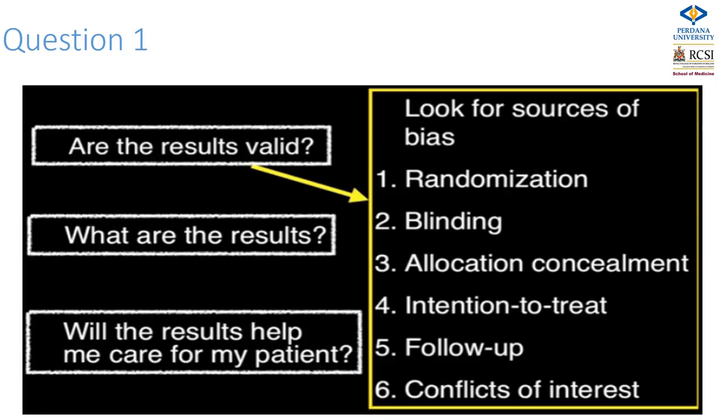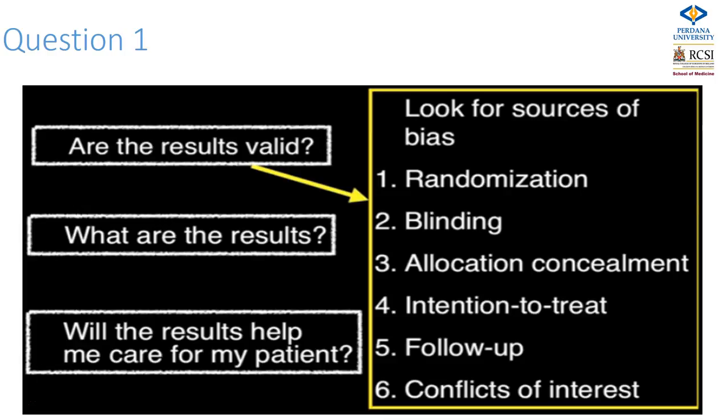So neither the investigators knew which therapy the patients were taking, and neither did the patients. This is double blinding. Was there allocation concealment? If there was not, then this could induce bias in the results.